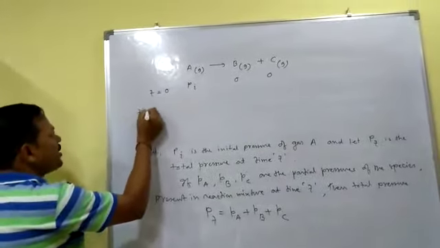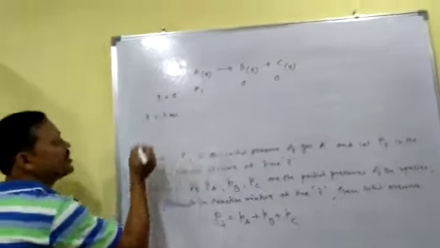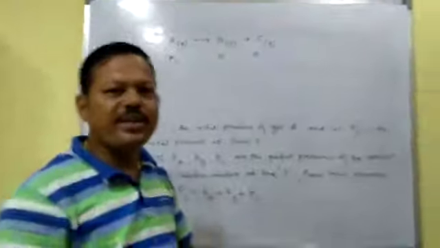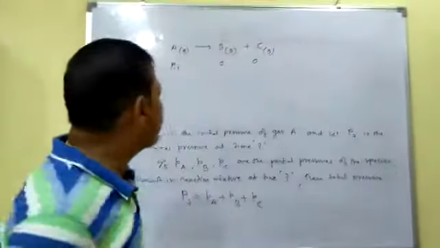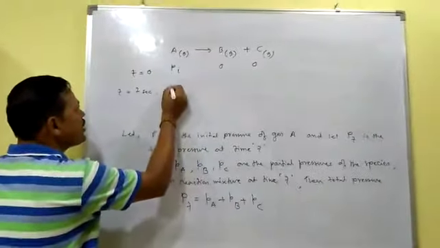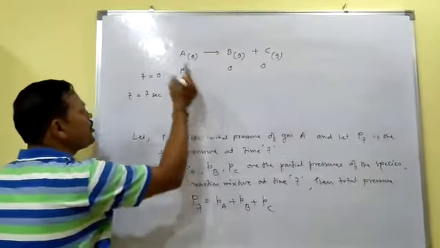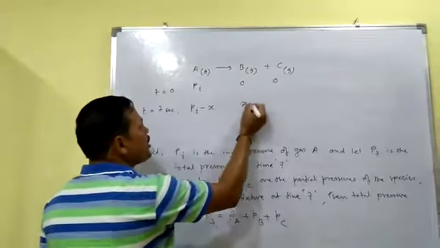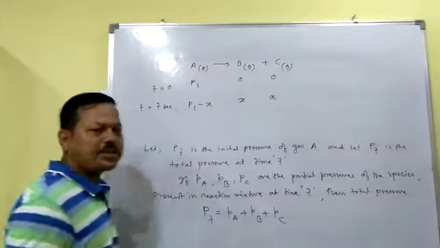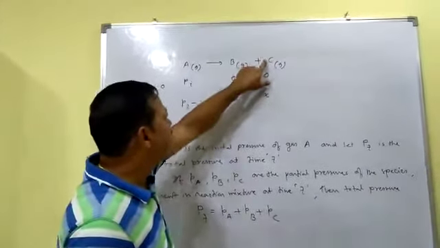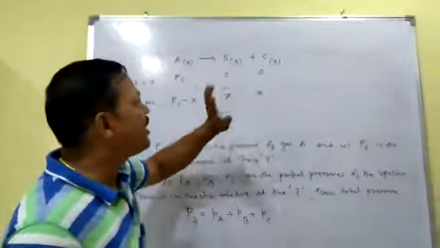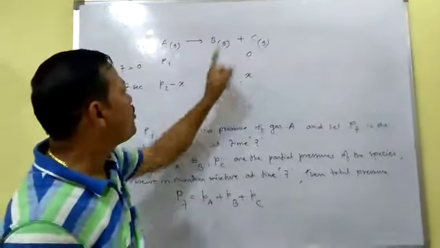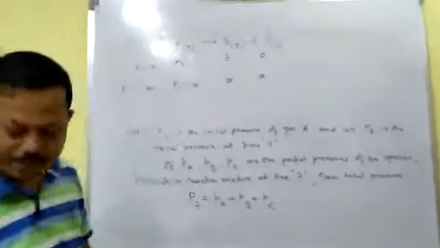And suppose at time t second, as you know, as the time proceeds, the amount of reactant goes on decreasing, I mean the pressure of the reactant goes on decreasing. Suppose X amount of pressure decreases at time t for the reactant. So B will produce X pressure, C will produce X pressure. If it is twice C, then it will be twice X like that. If a number of moles is present, that number of moles will come here. Here 1 mole, that's why X.